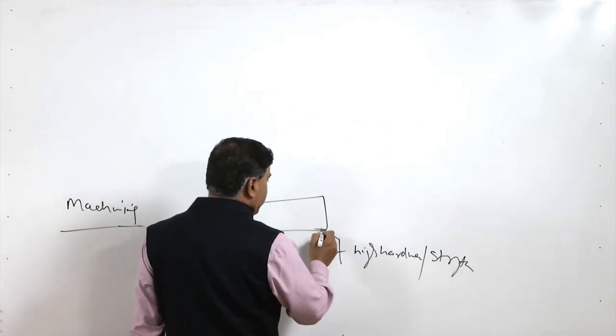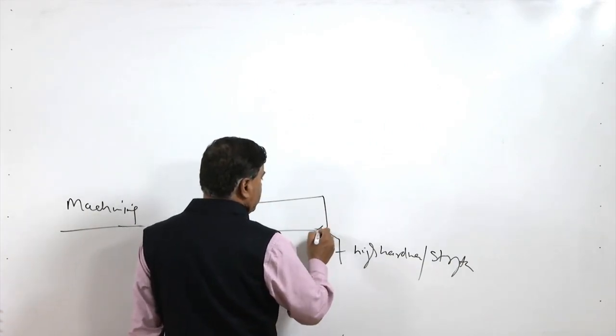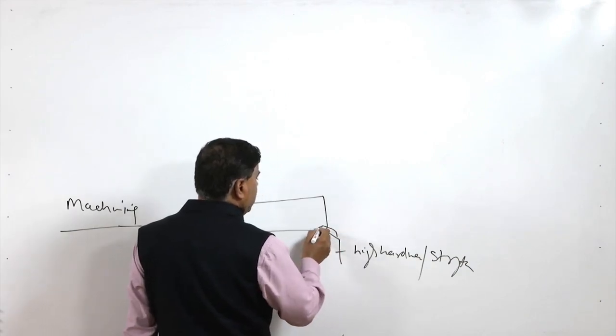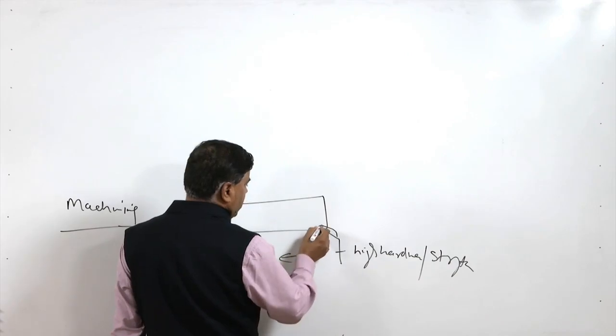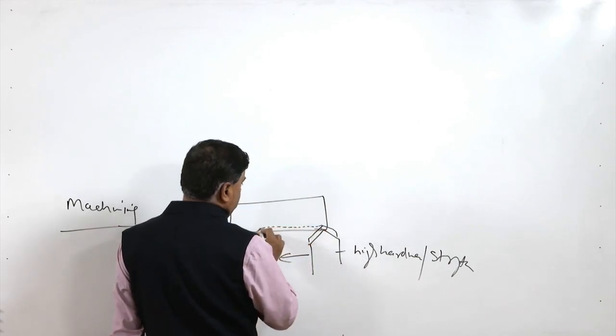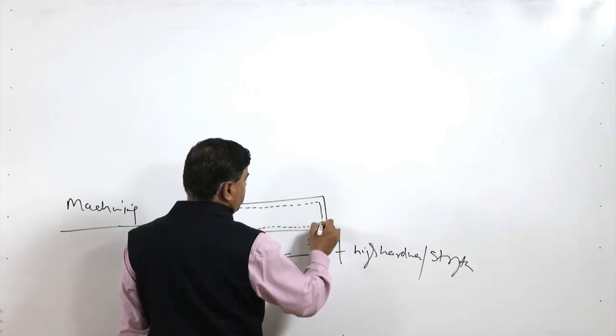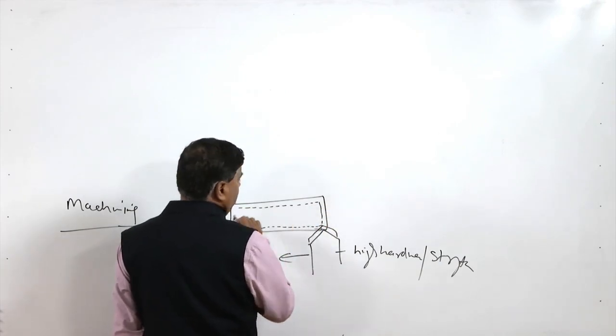So, it penetrates into the workpiece up to some distance, and then the transverse movement removes the material all along the circumference. So, this is the extra material which is removed through the machining process.